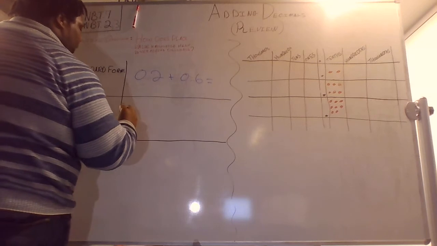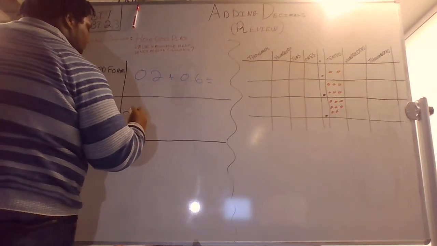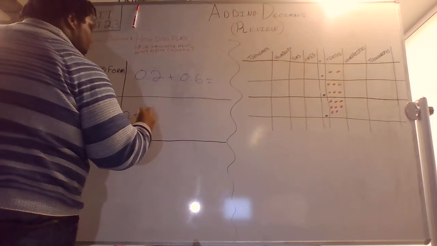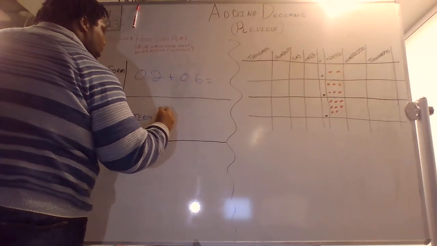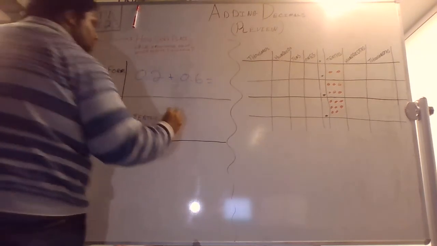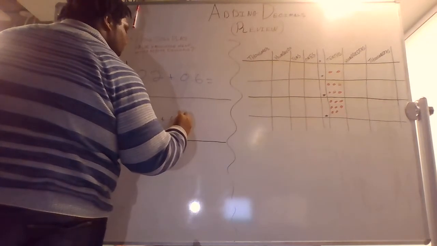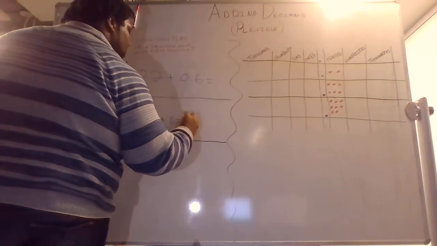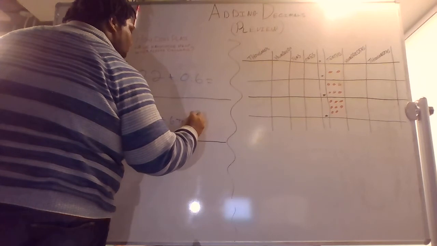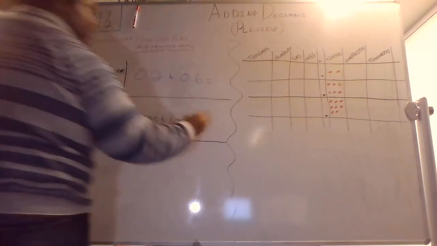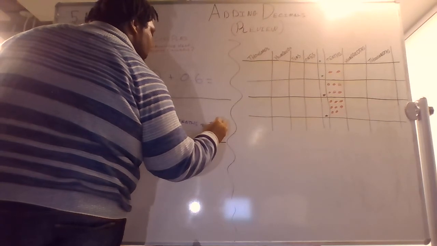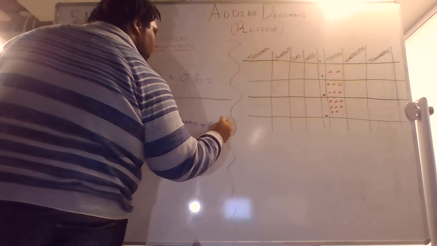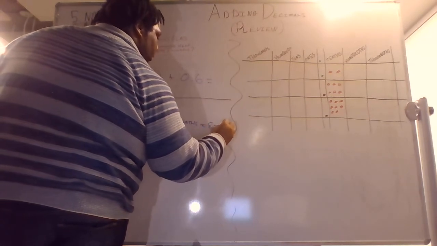So let's write them out again as 2/10 plus 6/10. I don't know why, but unit form has always been my favorite form. Equals 8/10. I guess I think it looks cool or something.